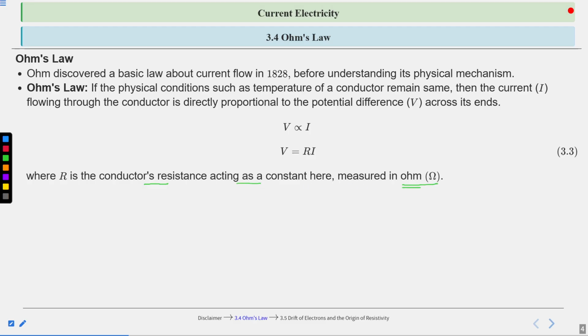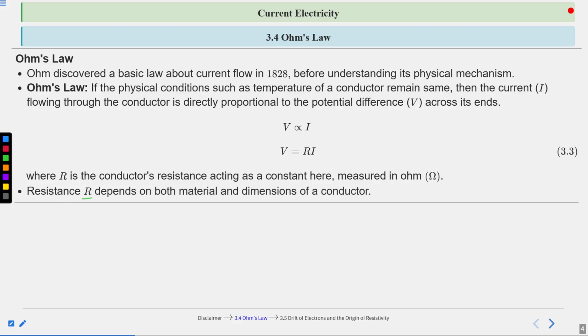This is the SI unit of resistance, ohm, and R depends only on the material property and dimensions of the conductor. It doesn't depend upon the potential difference and the current flowing through the conductor.